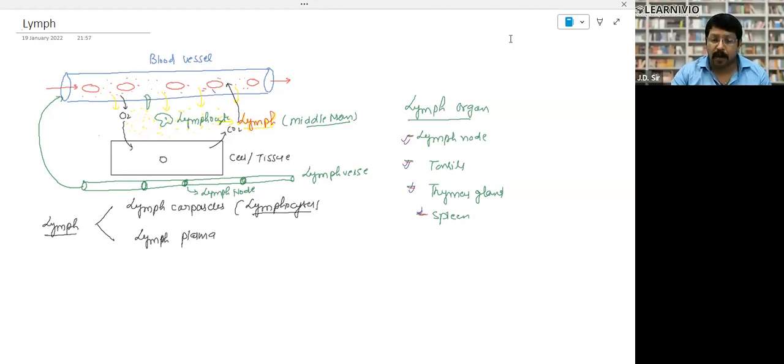It has been asked: which of the following is a lymphatic organ, or which is not a lymphatic organ? You will see that type of question in the previous year question bank, right? Basically, lymphatic organs are those organs where the production of lymph and lymph cells takes place. They are lymph nodes, tonsils, thymus gland, and spleen. Tell me, is it clear or not? And note down the lymphatic organs and the composition of lymph.